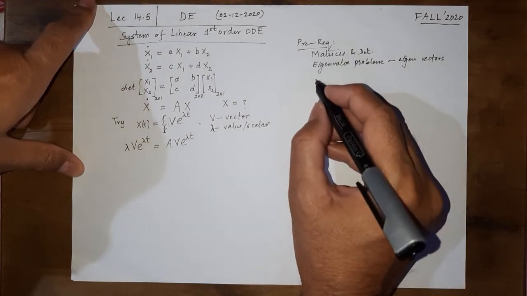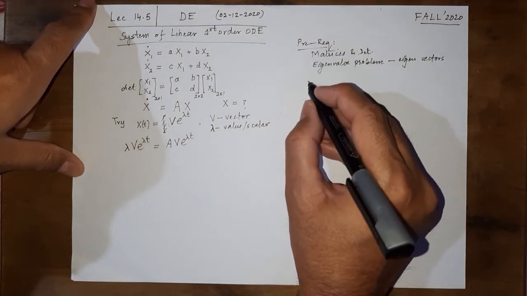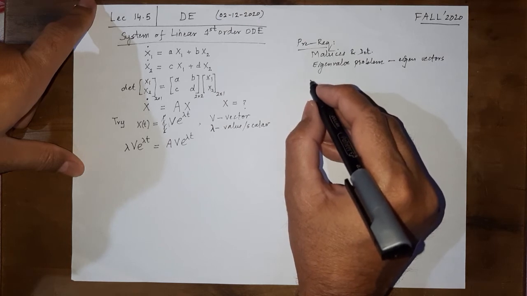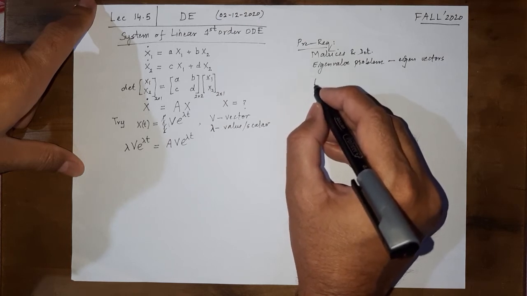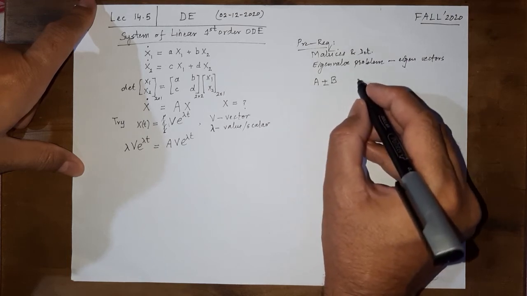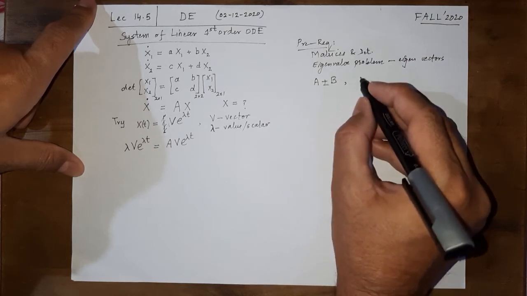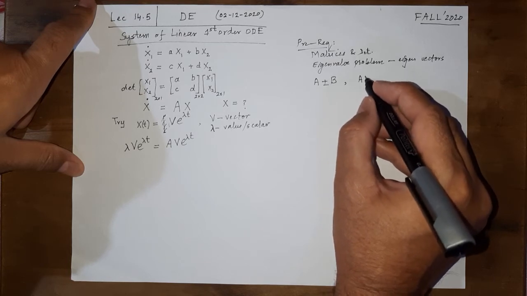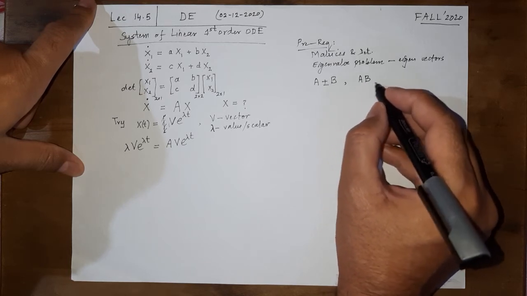If we revise a few things, while you would know the simple things, how two vectors are added or subtracted element wise, you also would remember how two matrices are multiplied together.